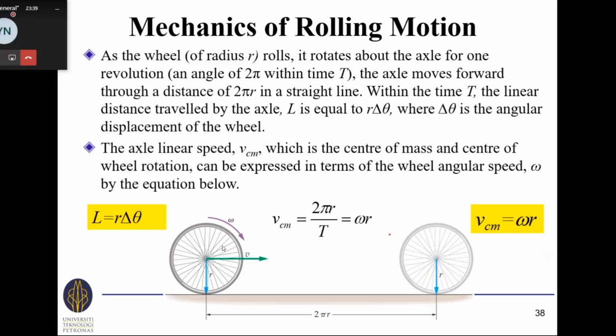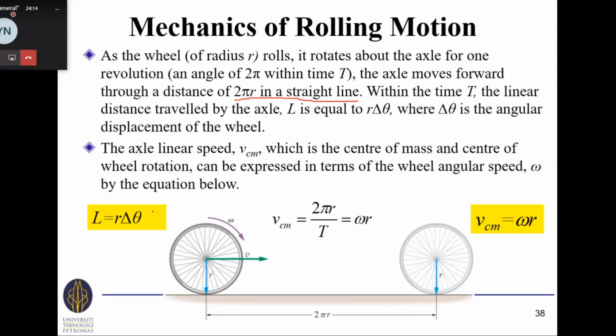For the mechanics of rolling motion, as the wheel of radius r rolls, it rotates about an axle, also called the axis, for one revolution. If this rotating object rolls one whole turn within a certain time t, the object is also moving 2 pi r in a straight line.